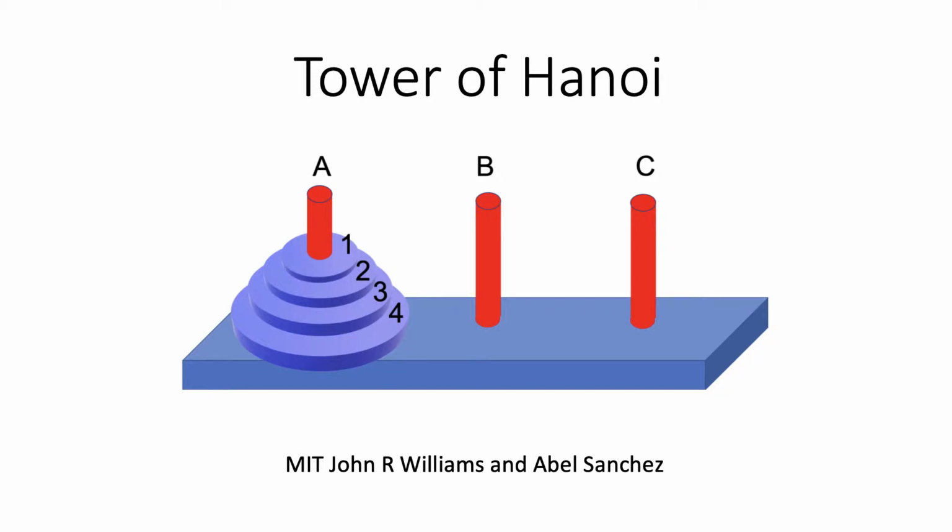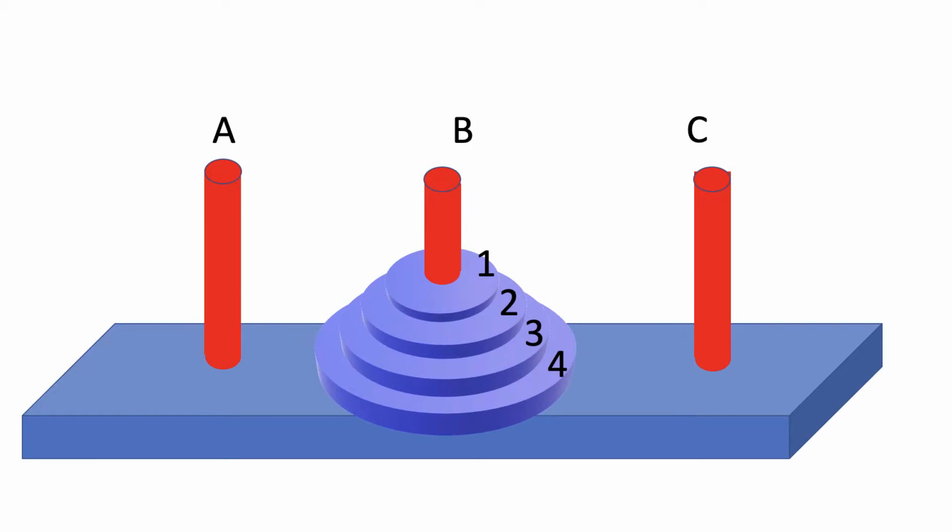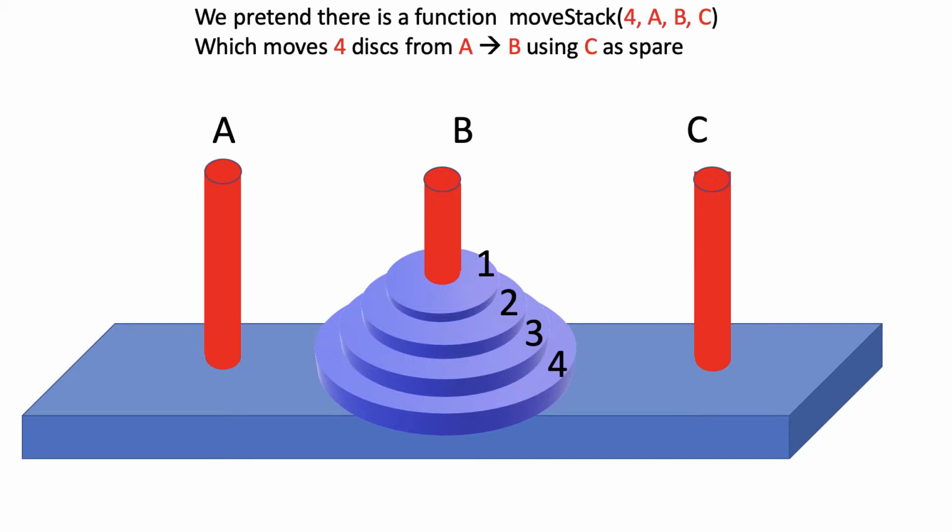So the end condition is that we need to move them all from peg A to peg B. Okay, how are we going to do it? Well, let's pretend that there's a function that we've already got that somehow moves the stack one disk at a time.